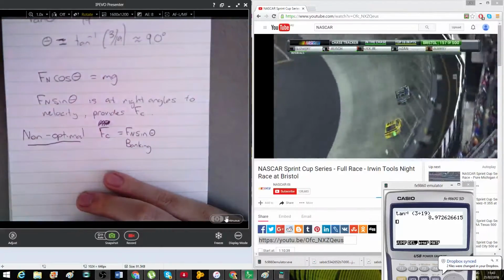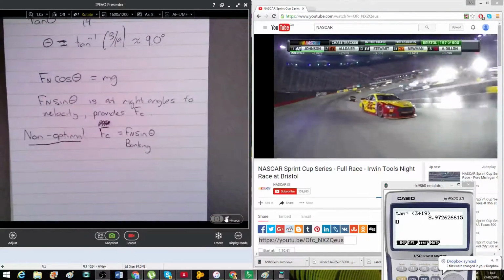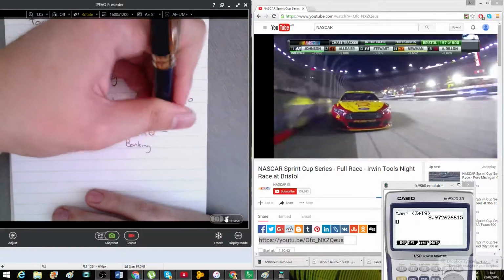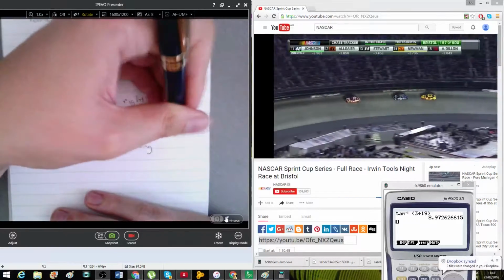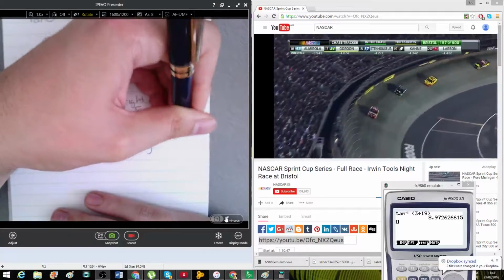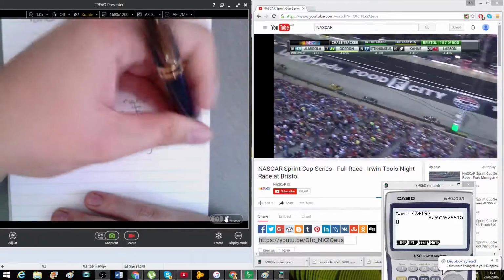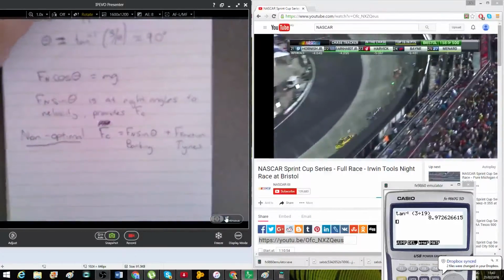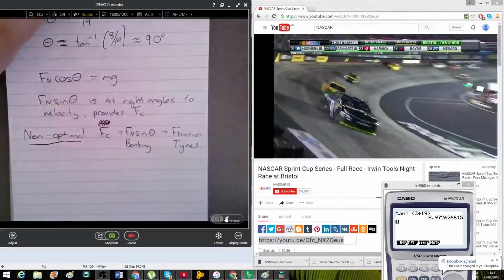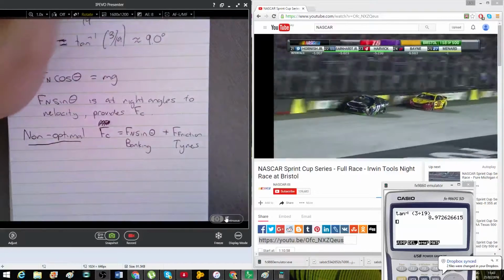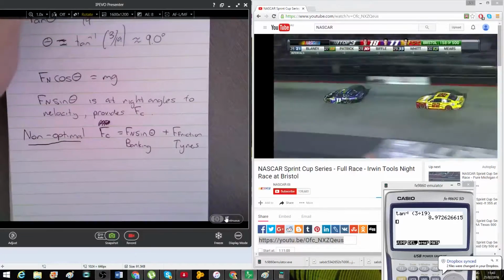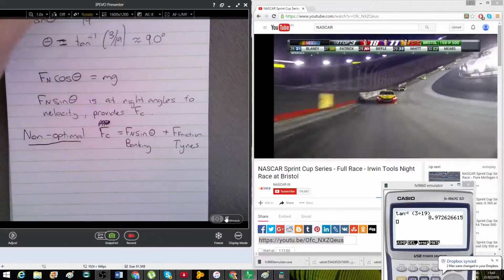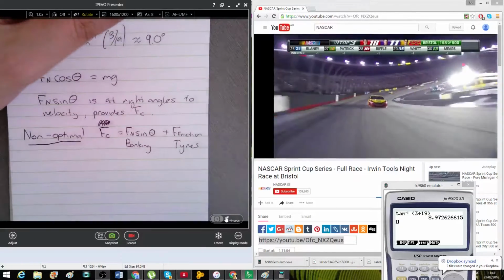It's a component of the normal force providing centrifugal acceleration, and you add that to your force of friction, which is your tires. The force the road provides on the tires when they're angled away from the direction of velocity causes steering. So both of these are providing centrifugal acceleration.